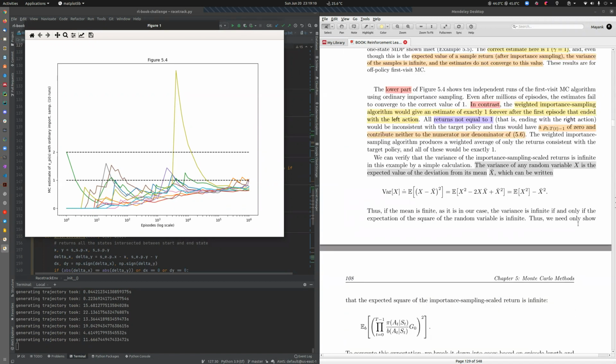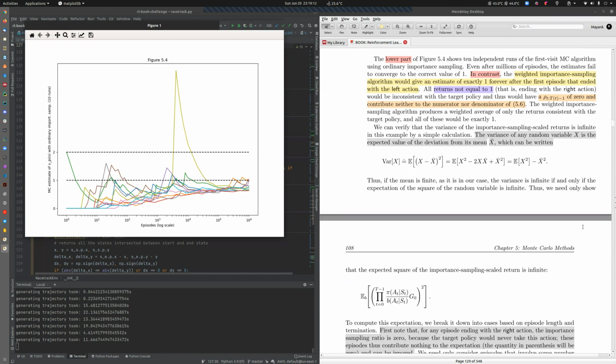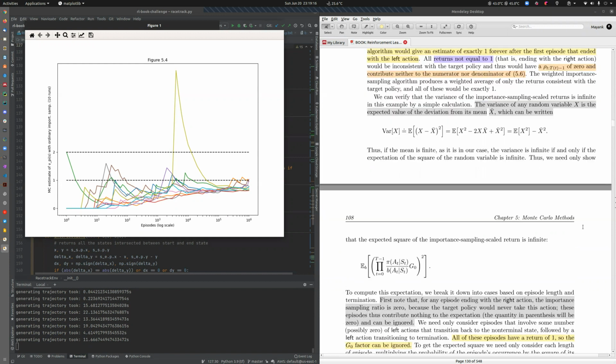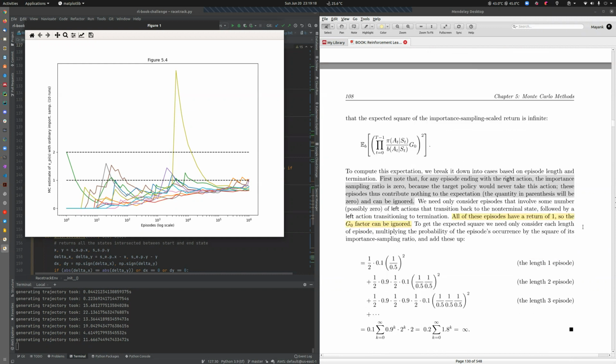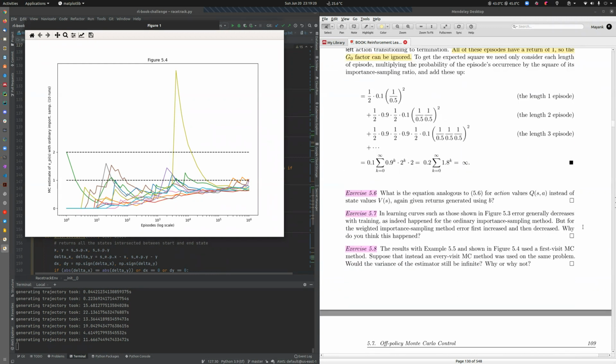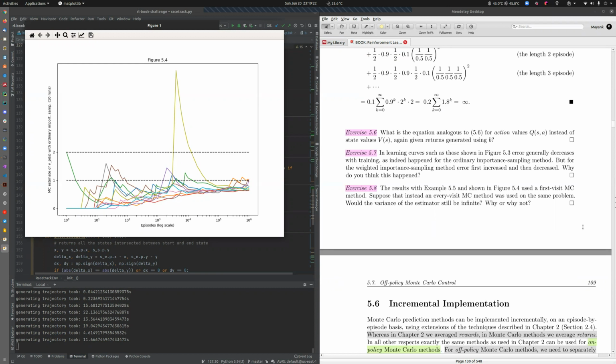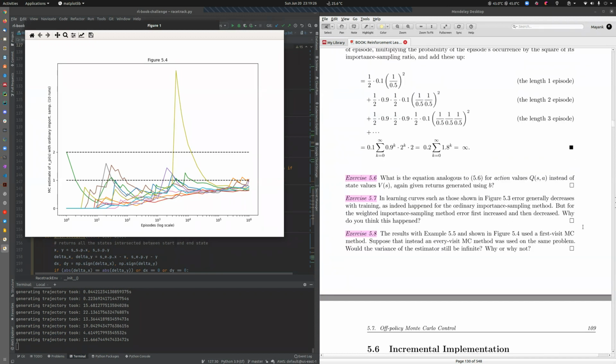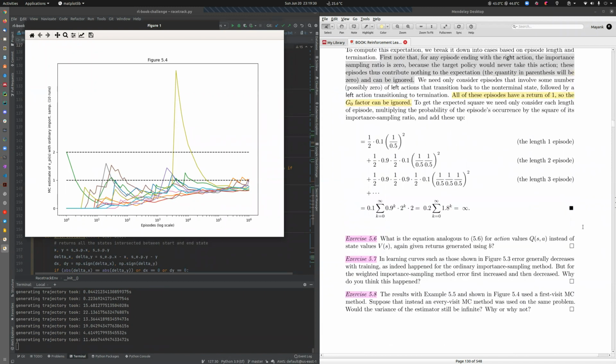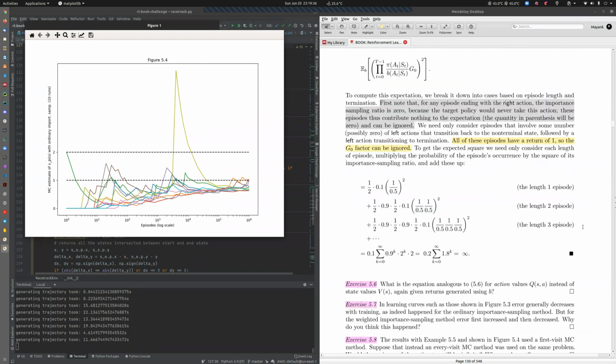Every-visit method, because of those durations.